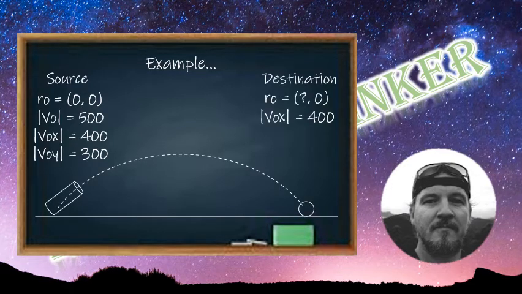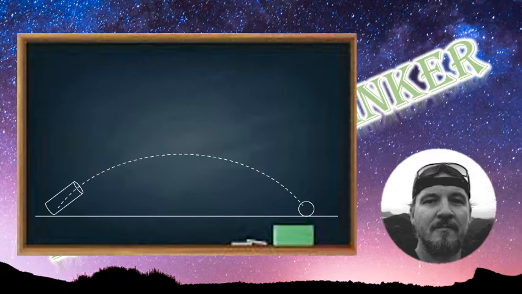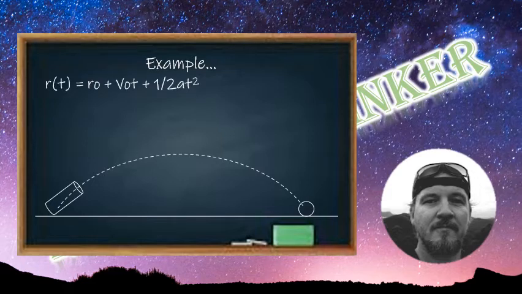So, how far will the shell go if the speed it receives at the moment of firing is 500 meters per second? This was not a rhetorical question. Let's do the math. The formula for location vector under acceleration is r at t equals r0 plus v0t plus 0.5at squared.